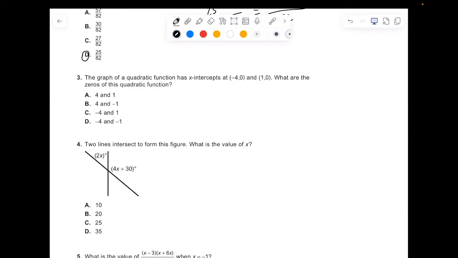The graph of a quadratic function has x-intercepts at (-4, 0) and (1, 0). What are the zeros of this quadratic function? Okay, so we have a number line. It is x comma y. So we have a 0 at -4. We have a 0 at 1. What are the zeros?